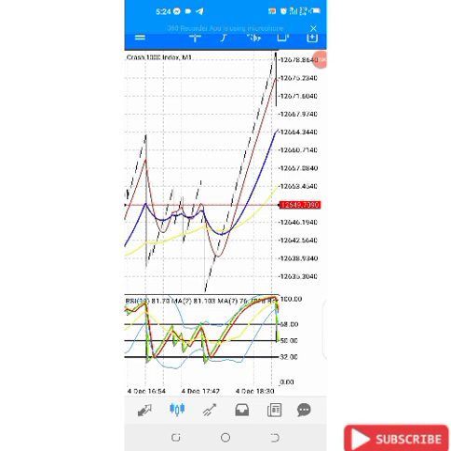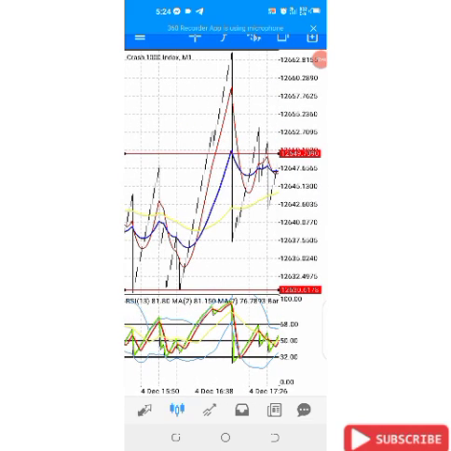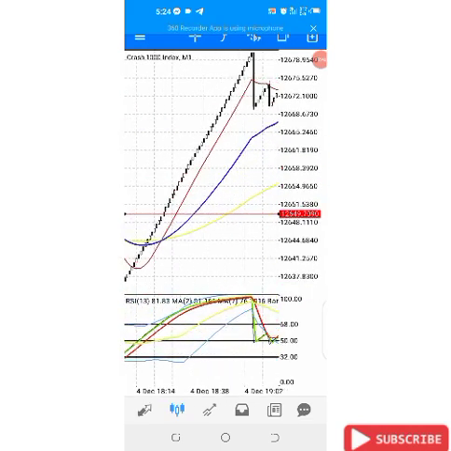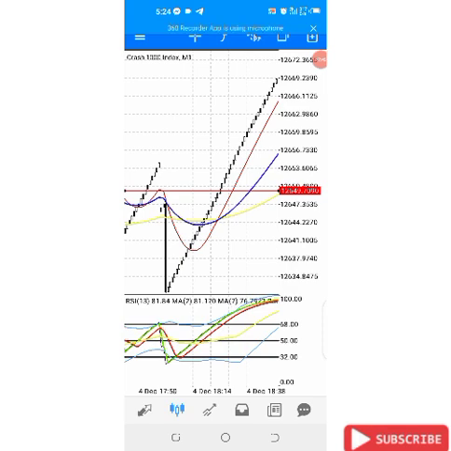And if you like, you can also combine the TDI with it. Don't forget, I said that if you want to buy with TDI, make sure that the green and the red cross at the 32 level, and make sure that the yellow is also at the 32 level before you place your buy.